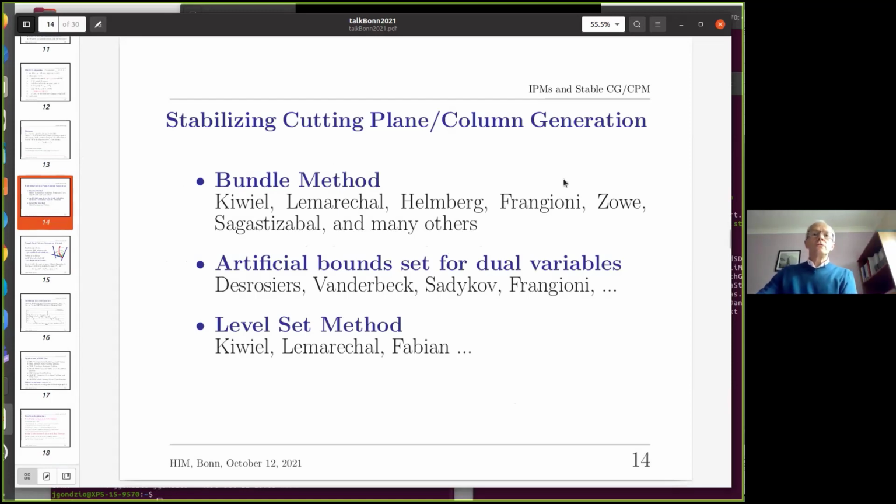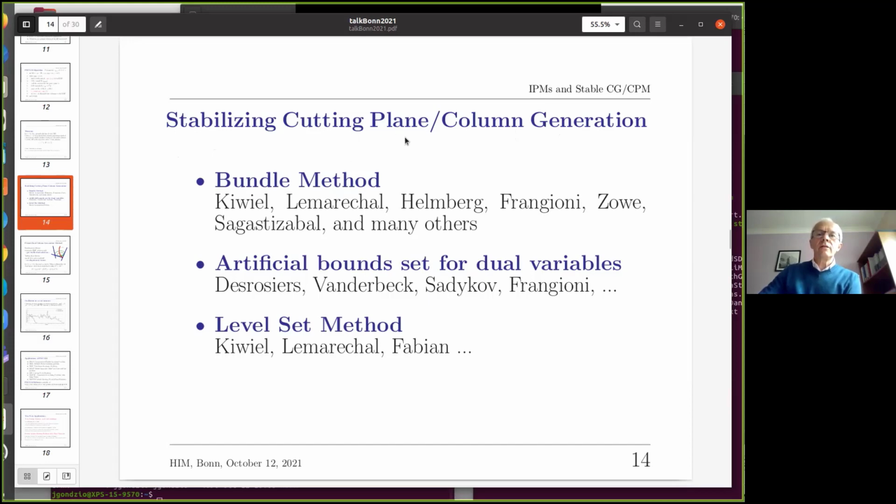I already mentioned that this interior point method will look for central solutions, and that's an important thing which somehow responds to the need that people using various cutting plane methods or column generation methods faced for decades. There have been known effects of instability in the column generation.